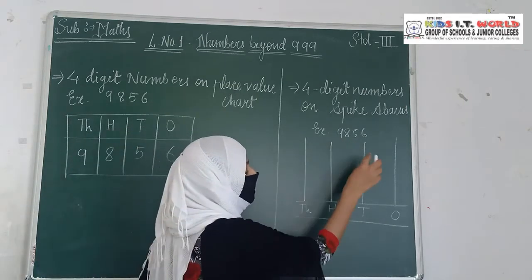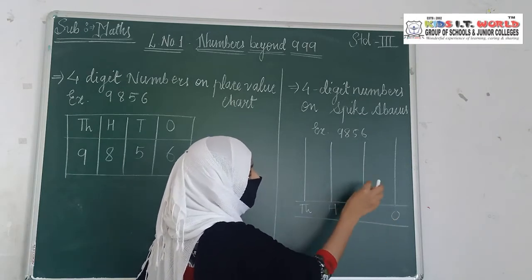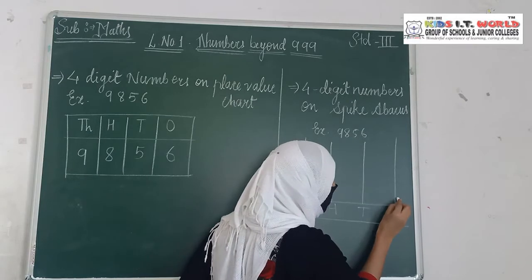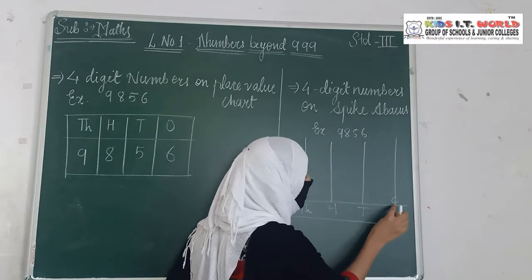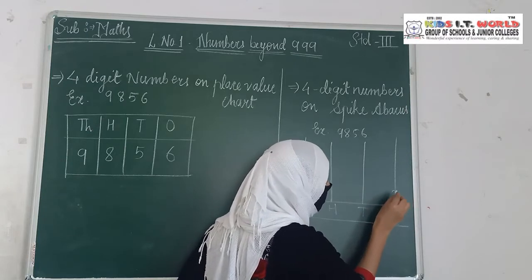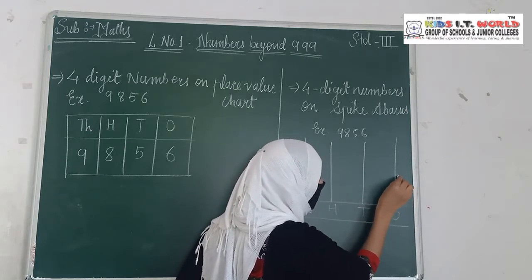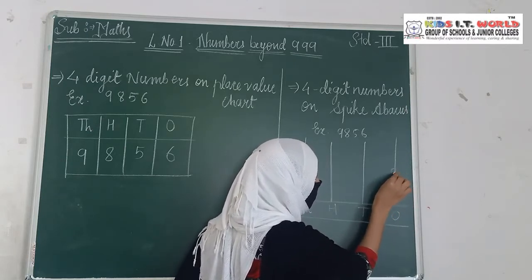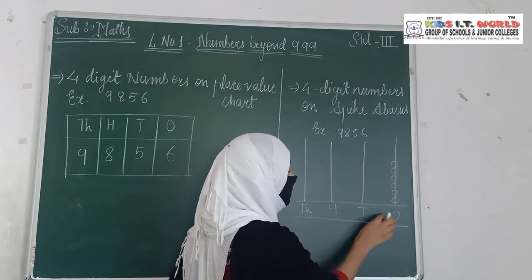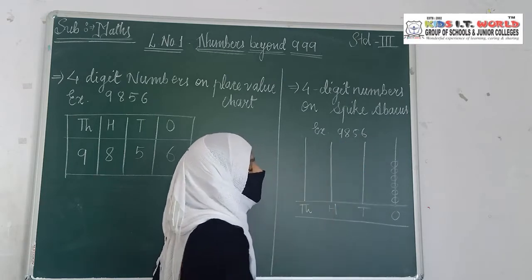So how will you represent it on the abacus? Just draw small balls here. How many balls will you draw? 6. So 1, 2, 3, 4, 5, 6. Here we have finished with the ones value.